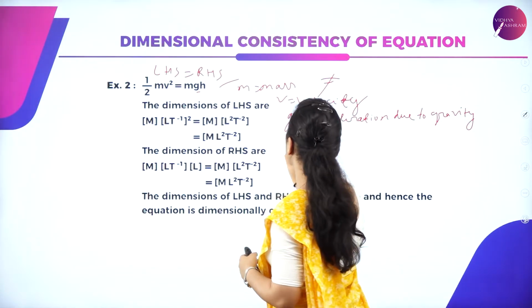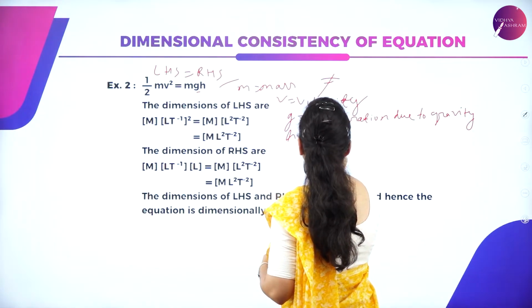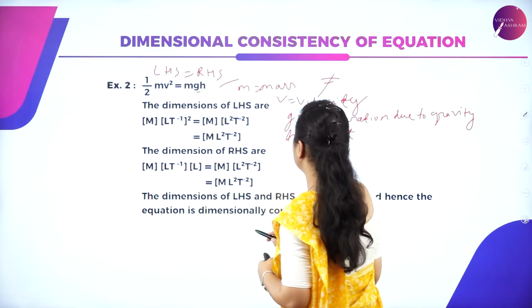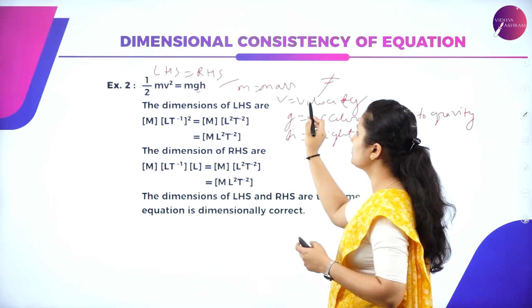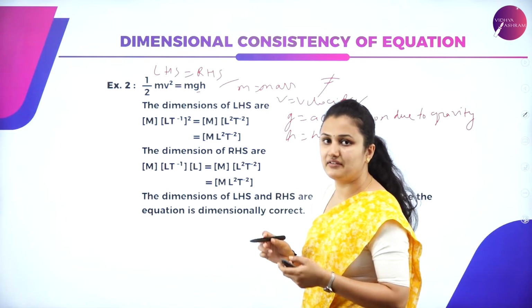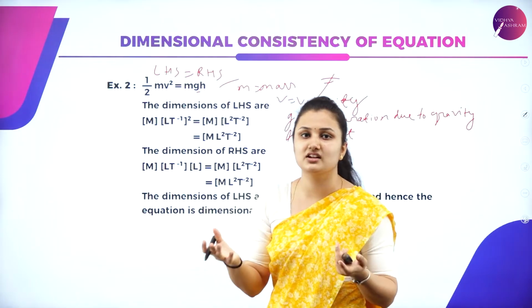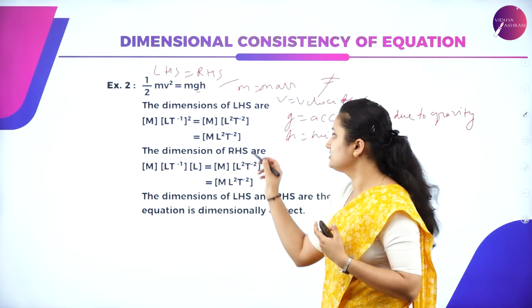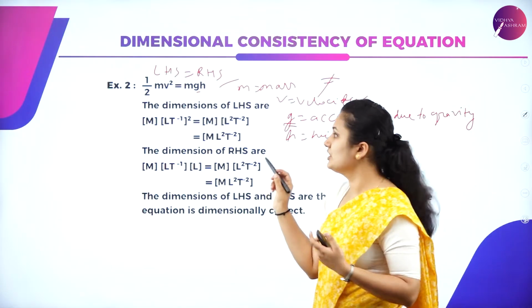Acceleration due to gravity. And H is nothing but height. H is height, M is mass, V is velocity, G is acceleration due to gravity. It has the dimension of acceleration, L T to the power minus 2.